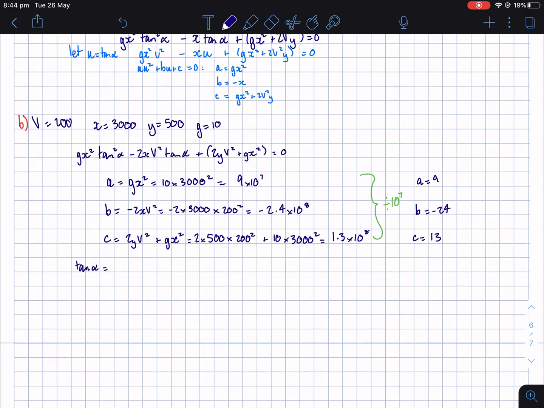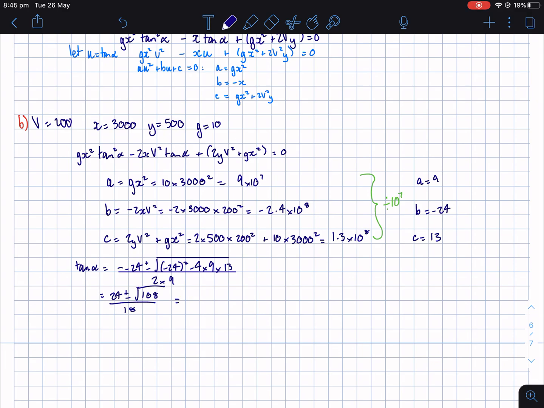So tan alpha is minus b, so minus negative 24, plus or minus the square root of negative 24 squared, take 4 times a, 9, times c, 13, all over 2a, which is 2 times 9. Putting that in my calculator, this is 24 plus or minus root 108 over 18.